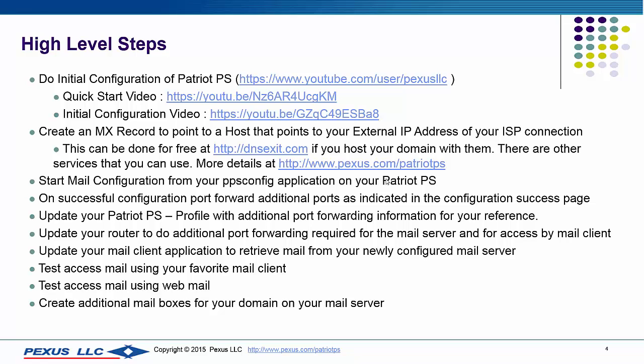And once you set that up to connect to your Patriot PS personal server, you're all set to start retrieving, downloading and sending emails using your Patriot PS personal server. I will also show you how to create some additional mailboxes using a Postfix admin application that is already packaged along with your Patriot PS distribution.